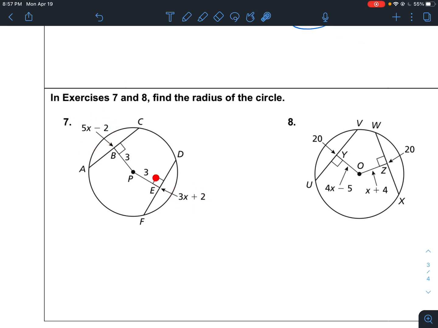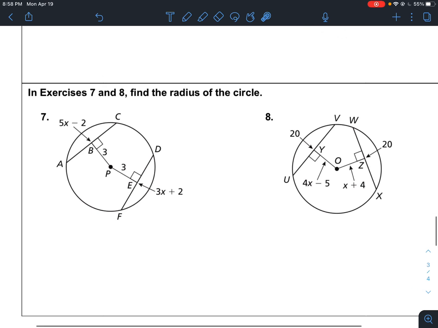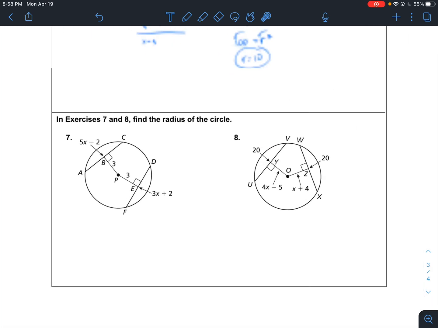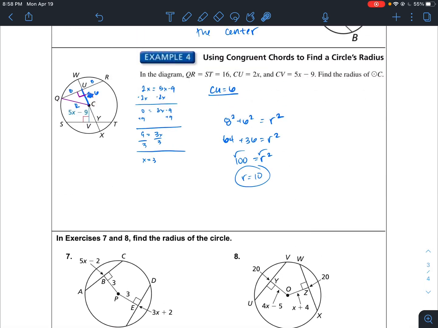Now they're also perpendicular, which means they're bisected, so you can find the length of these ones right here, and you can make a right triangle from those. Okay, so you should be able to do that with most of these. This one is just the other way around, so these ones we know are congruent, which means that these have to be congruent. Okay, so I think you should be able to do it. Follow the example that I set forth here, and it should make sense.